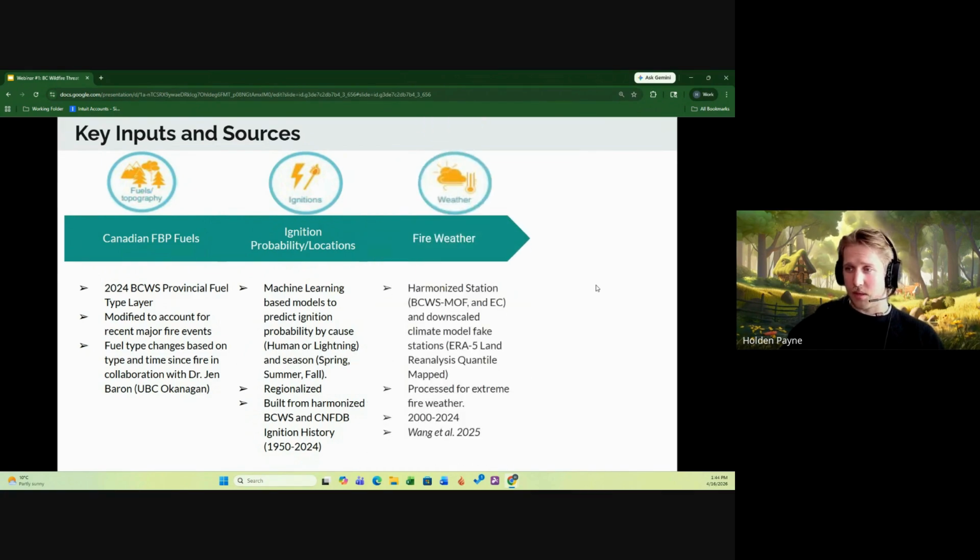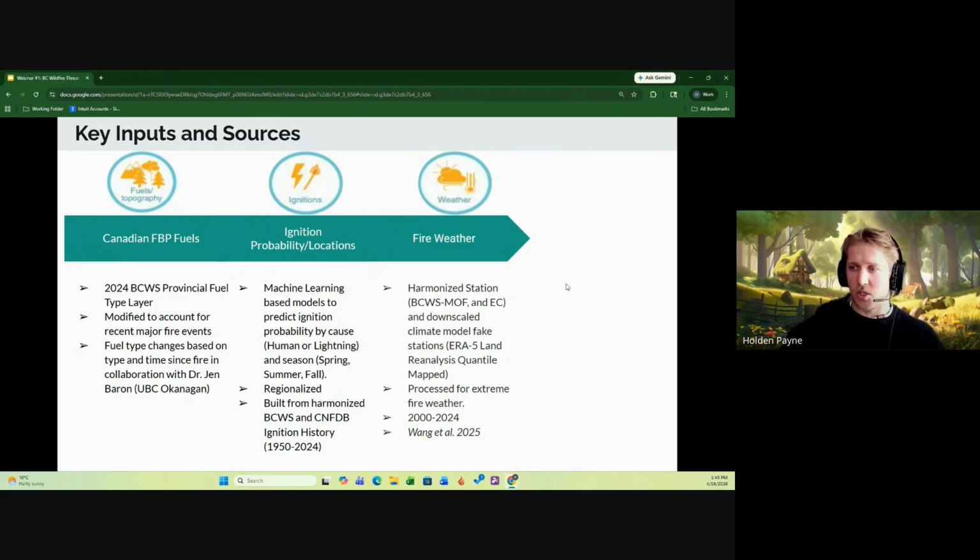And then fire weather was one of the hardest parts of this: harmonizing both BCWS fire weather stations and Environment Canada stations with some downscaled climate model fake station data. So we took downscaled data from the ERA5-Land reanalysis data set and created fake stations all over BC. These were created in areas where we didn't have enough station density. We wanted to have 2 to 3 stations per weather zone within each of our units.